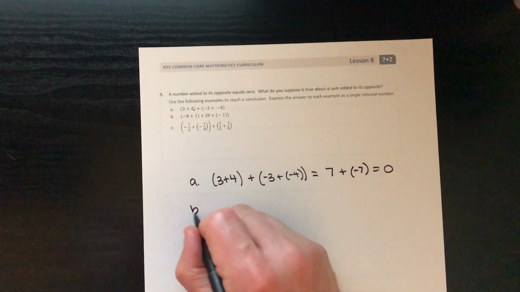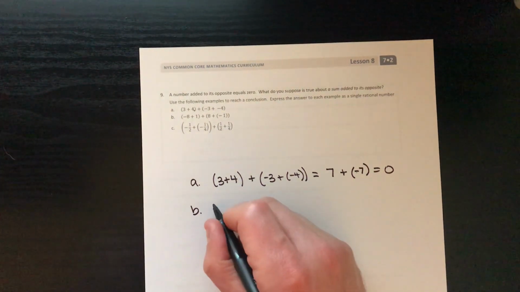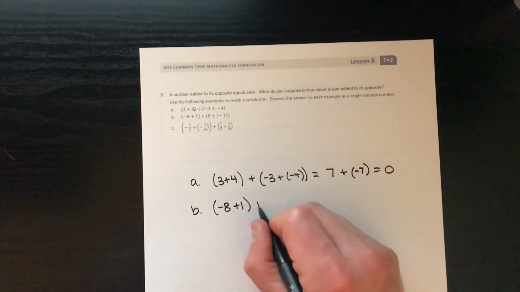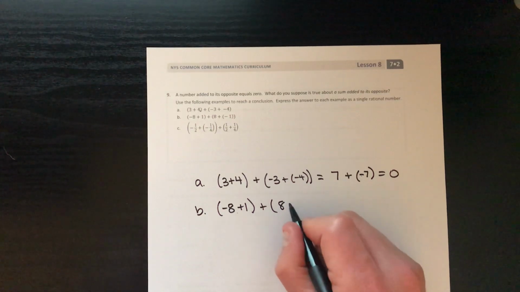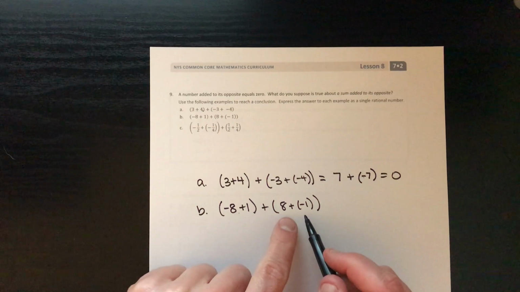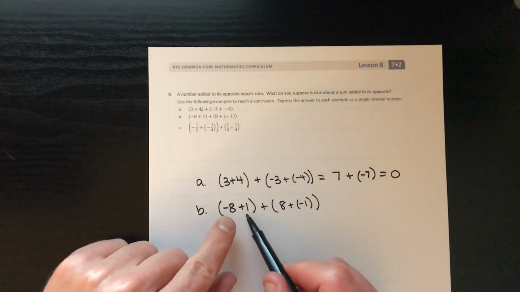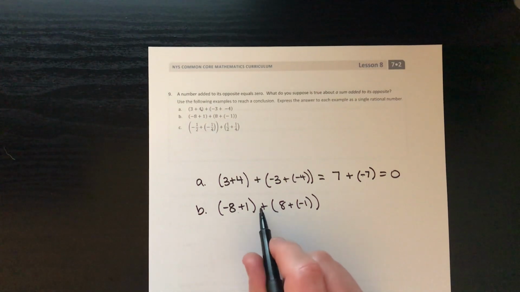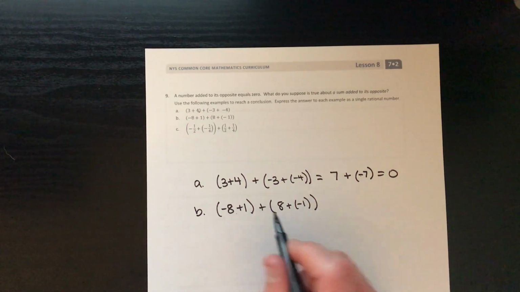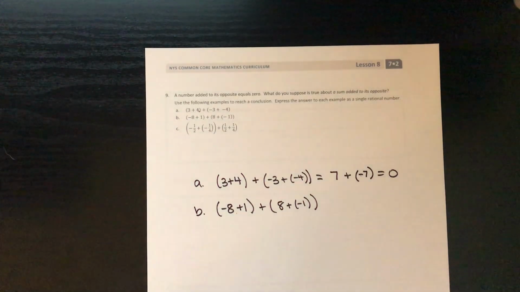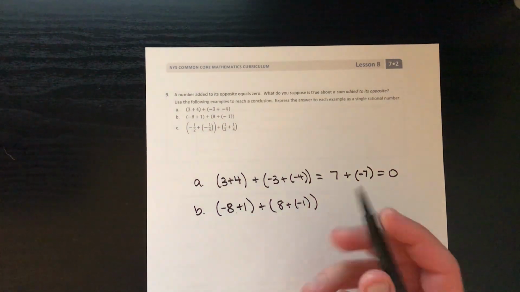I'll do B the other way. So -8 plus 1 quantity plus quantity 8 plus -1. So the addends of this sum are the opposites of the addends of this sum. Since each of the addends are just being added, and we know that the commutative and associative properties of addition allow us to move things around, really these parentheses aren't actually doing anything.